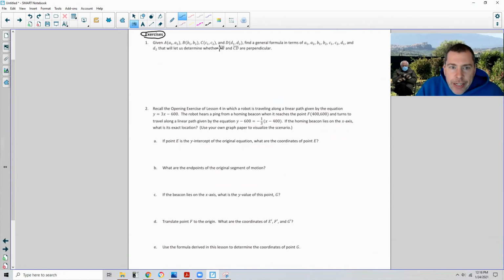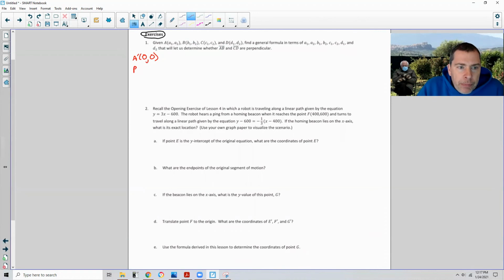All right, so we're doing a translation. After a translation, we will get the point A prime to be at 0, 0. Well, where would B prime end up? Well, AB is a segment.